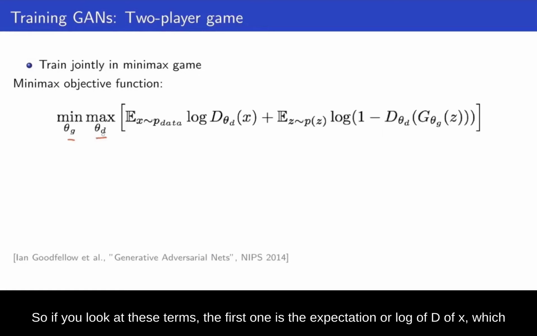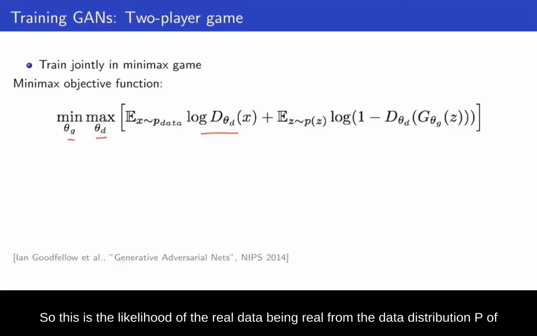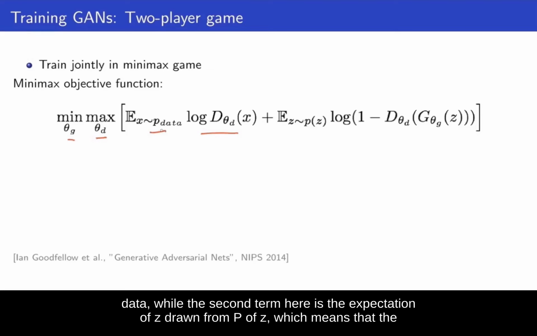If you look at these terms, the first one is the expectation of log D of x, which is the discriminator output for real data x. This is the likelihood of the real data being real, from the data distribution P data.